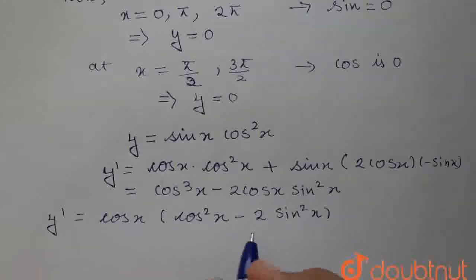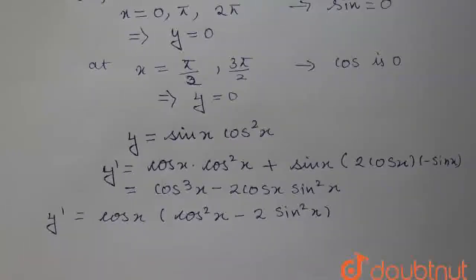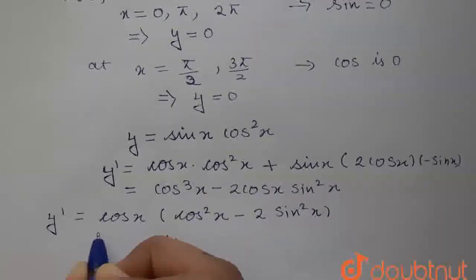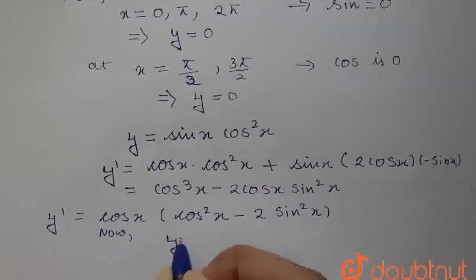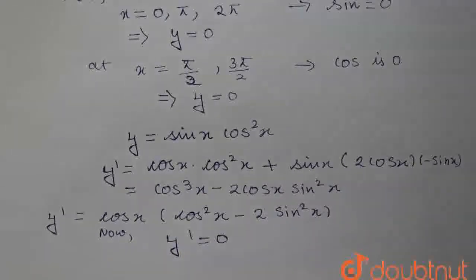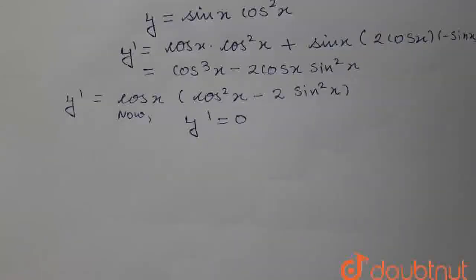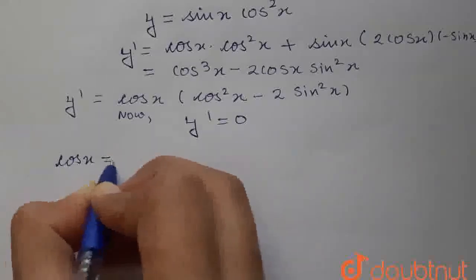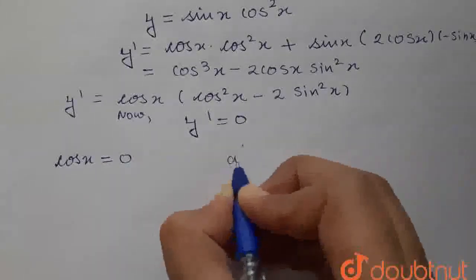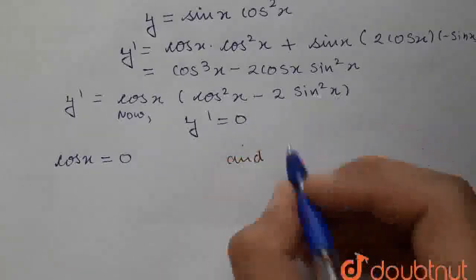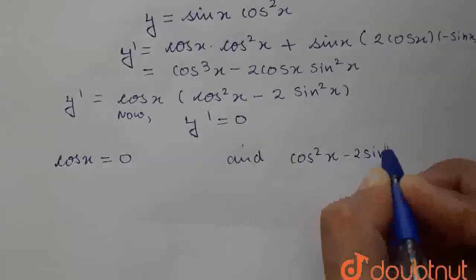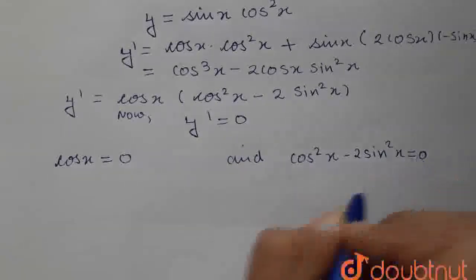Now y dash will be 0. So we have to equate this thing with 0. So from here we get cos x is equal to 0, and this thing cos square x minus 2 sin square x will also be equal to 0.